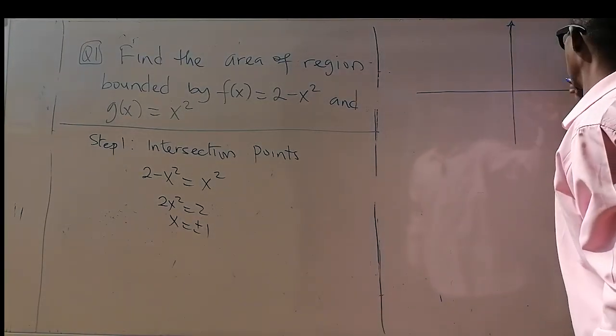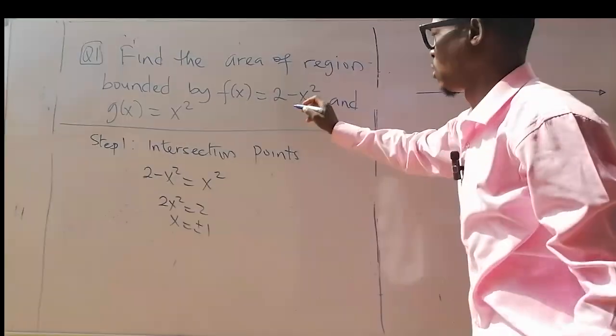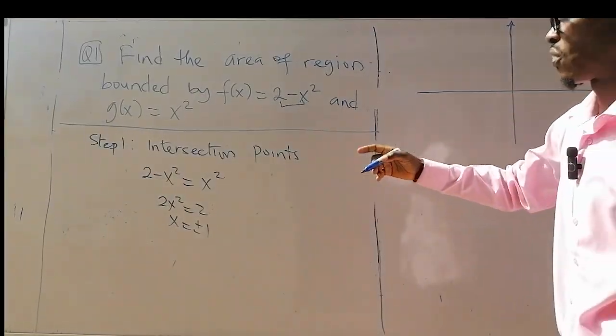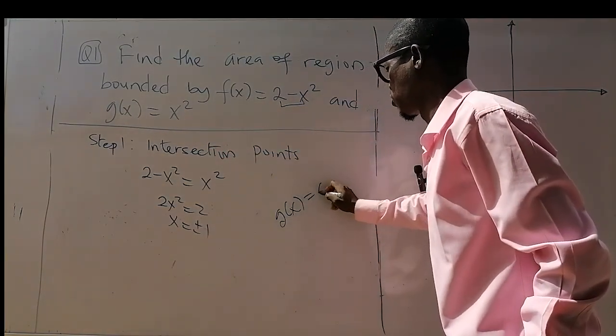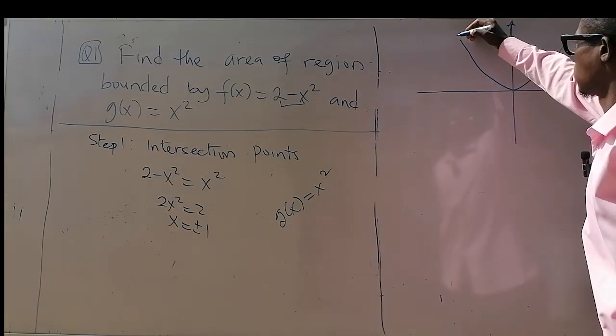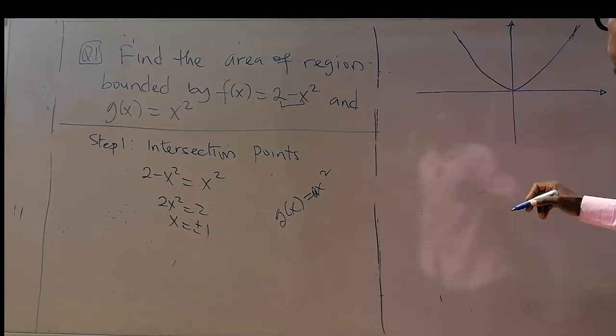We are not doing a perfect graph, just to know which function is on top and which is below. I'm going to start with this one, g of x. G of x is going to be a symmetrical graph, and because a is positive, it's going to be that shape.